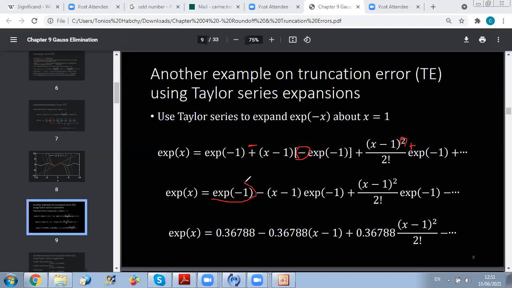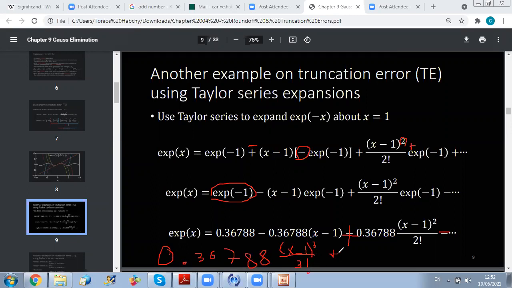So it's first 0.36788, which is exponential minus 1, minus 0.36788 times (x minus 1) plus 0.36788 times (x minus 1) squared over 2 factorial. Now, if we want to continue, it's now minus 0.36788 times (x minus 1) to the power 3. So for all odd coefficients, it will be a negative sign, while for even coefficients, it will be a positive sign.